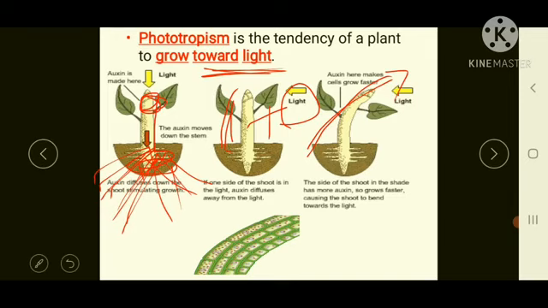So the shoot of the plant bends towards the light because there is a high concentration of auxin at this portion.